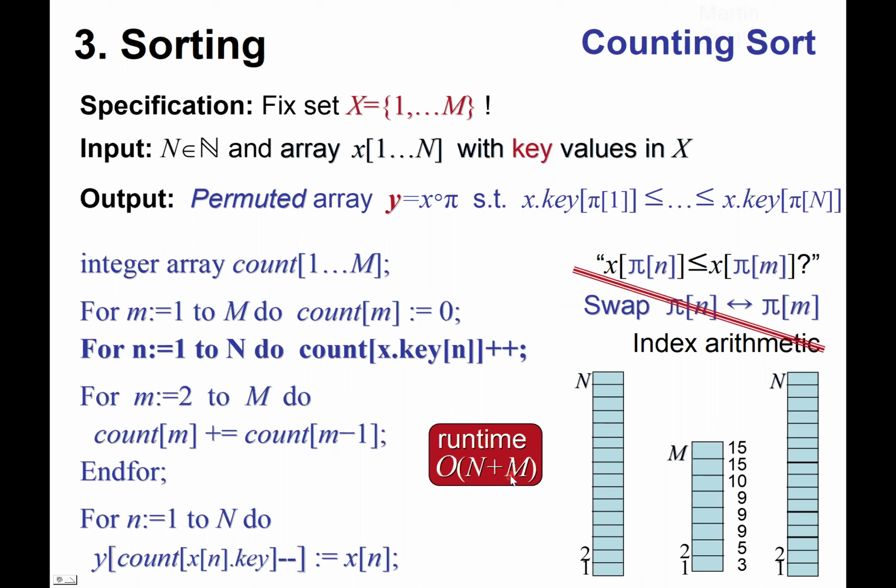So we need to multiply every operation with a factor log n and log m to reflect that the integers in the range from 1 to n have log n bits, and the integers in the range from 1 to m have log m bits. I'll get back to that when we recall and compare all these algorithms.